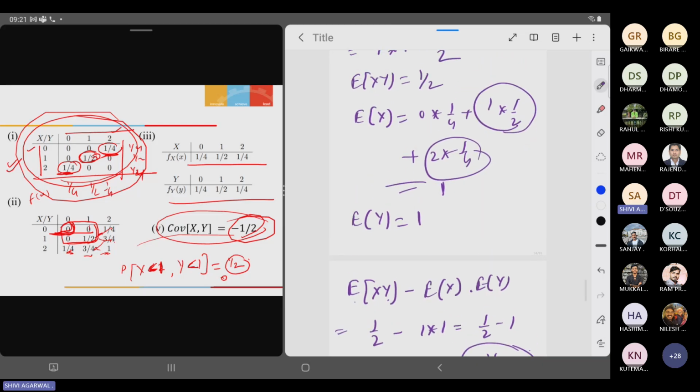You can see. Okay, 10 minutes break, please. Okay, thank you. You can see here and you can do your calculation. Then you can understand what we are trying to do here. Okay, break.